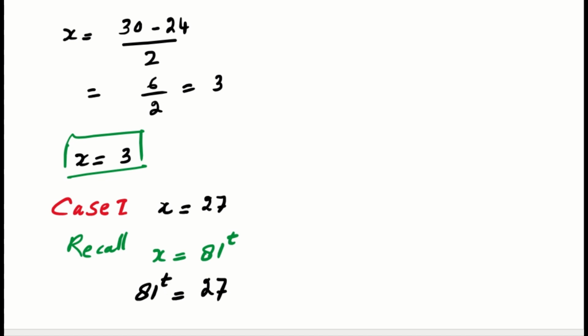We can write 81 as 3 to the power 4, so we will write 3 to the power 4 into t is equal to 27, which can be written as 3 to the power 3. So bases are same, we can compare the powers. 4t is equal to 3 and t is equal to 3 over 4.